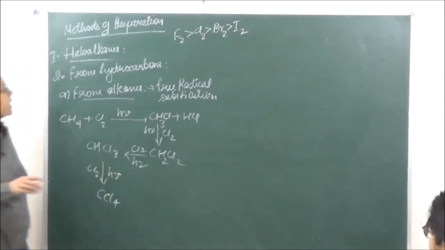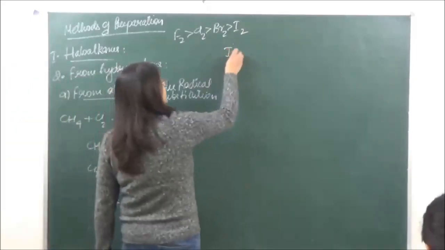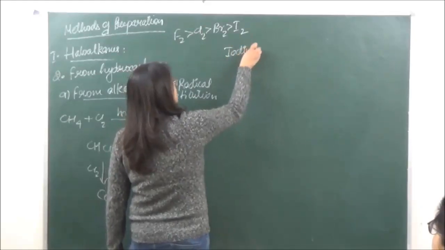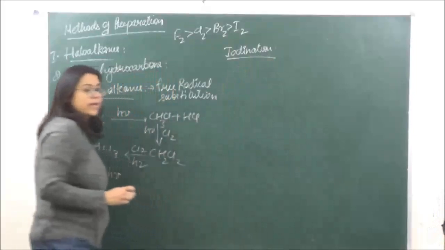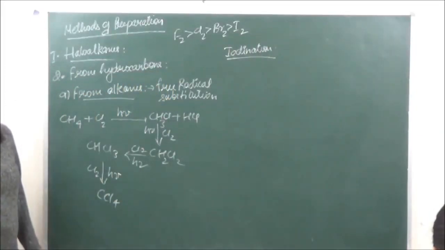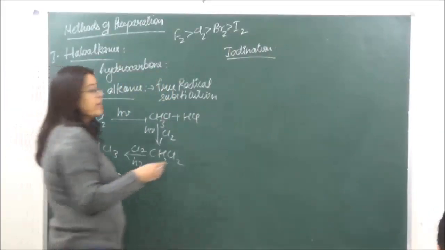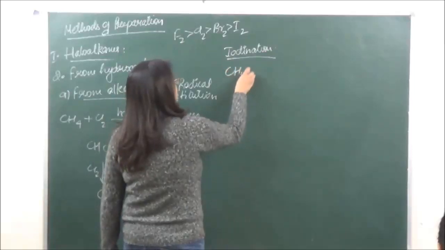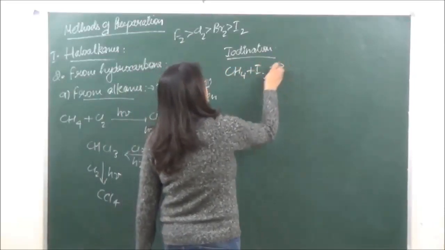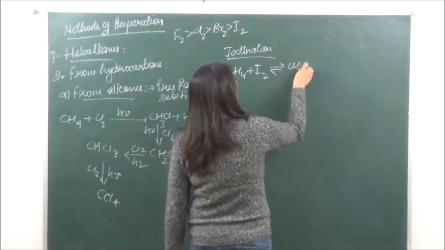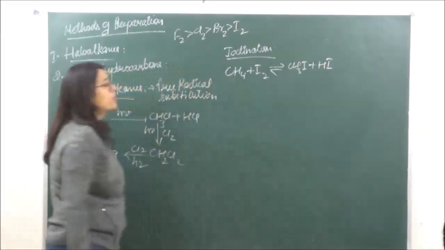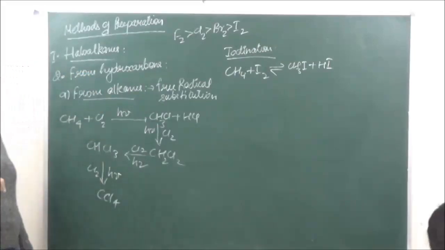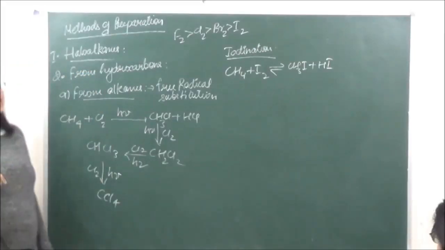Now when we are doing the iodination, it is going to be a reversible process. Okay, so if we are doing iodination over here, in this case we are getting CH4 plus iodine to give us CH3I plus HI. As the reaction is reversible, the products can easily react with one another to give us the reactants back.